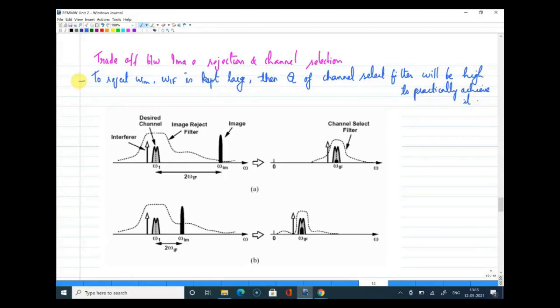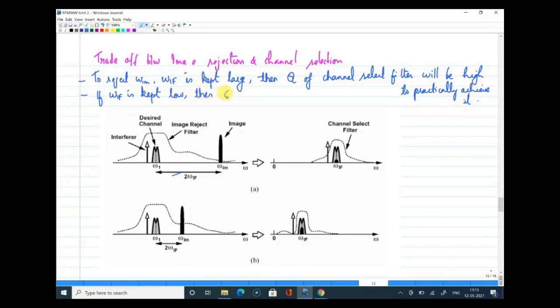So that is one thing. And the second thing is, because of this problem, if omega IF is kept low, then we can definitely make the channel select filter better.